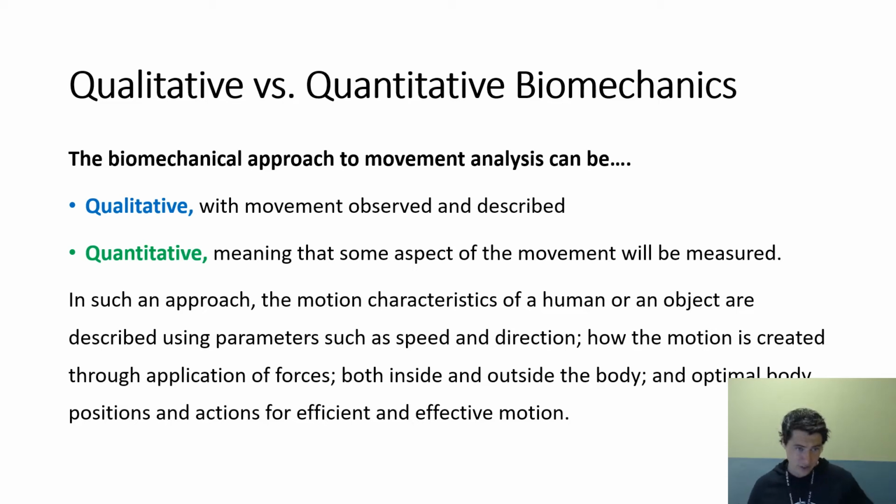Qualitative versus quantitative biomechanics are two different ways that biomechanical information can be presented. So qualitative, I think about the word quality and a description of that. So it's describing movement based on what you've seen, what you can observe.